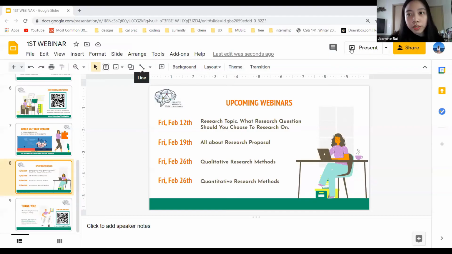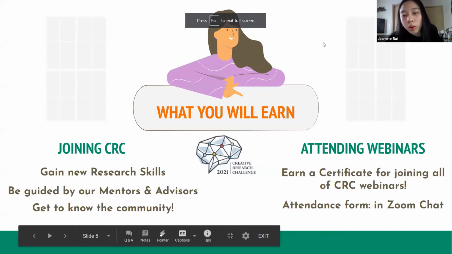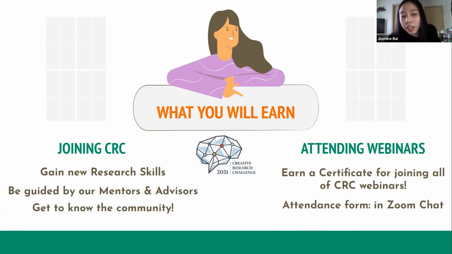So I have a few things I want to share. What you will earn by joining CRC with us is new research skills, because we will give you the opportunities to work with our mentors and advisors within a month in the second round to sharpen and refine your research.